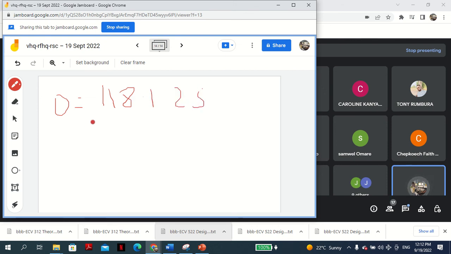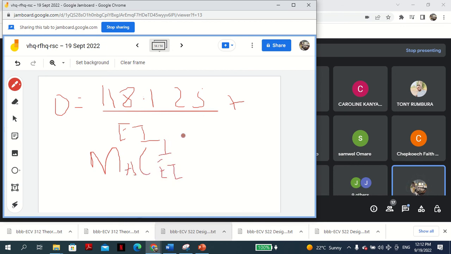And the first thing you see there is that EI is going to disappear, plus MA into 1 over EI plus MB into 2 over EI. So you have two equations, two unknowns, you can solve for MA.